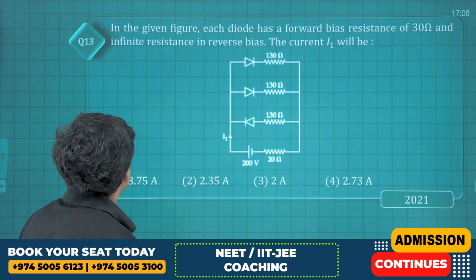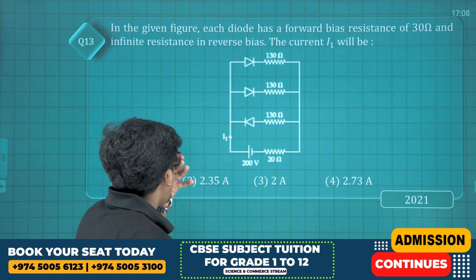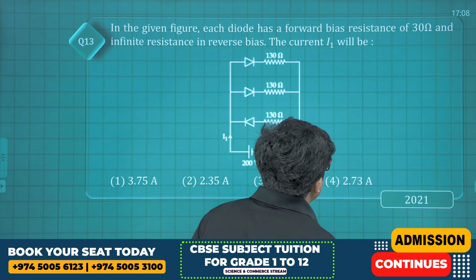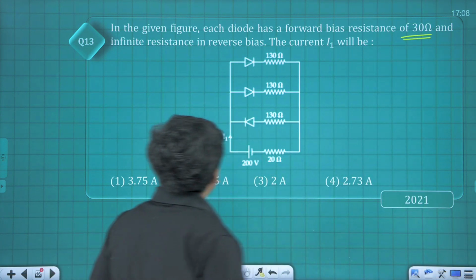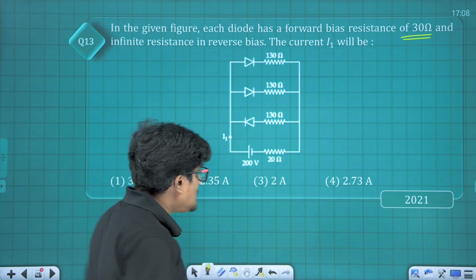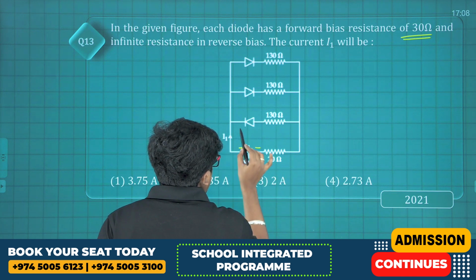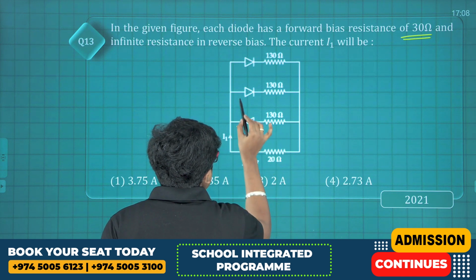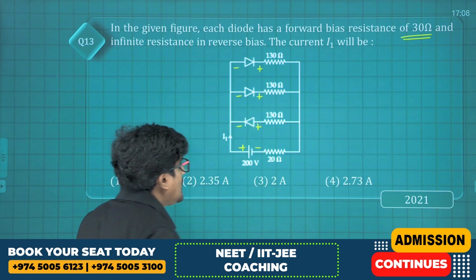Now let's move to the next, that is question number 13. Question number 13 says, in the given figure, each diode has a forward bias resistance of 30 ohm and infinite resistance in reverse bias. The current I1 will be. See, dear students, this is negative and this is positive, here this is negative and this is positive, and so on.